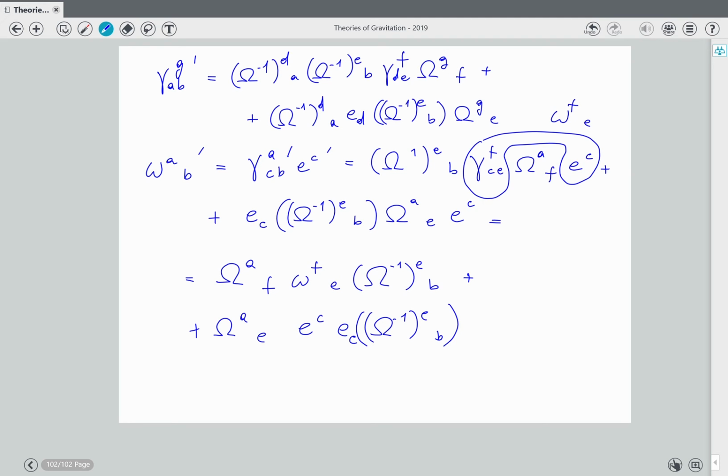What is this E_C of, let's say, a function f? E superscript c is a form. These are forms. And E subscript c are vectors, derivations.